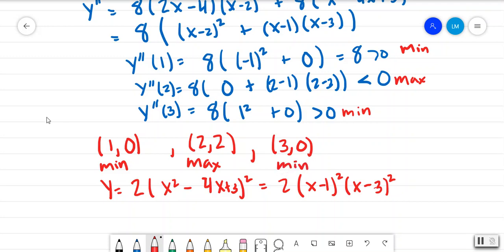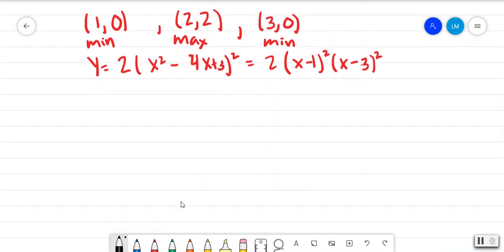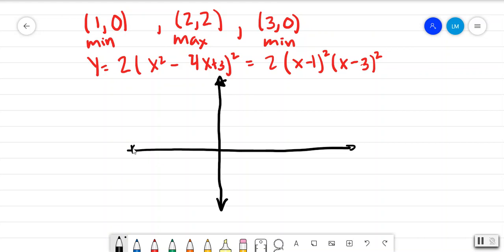Now, strangely enough, if we were to graph this in the x and y plane, and mind you, you'd probably have to use a little more information to find the inflection points. You can just carry on from the second derivative if you want.